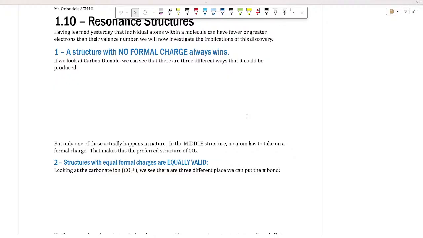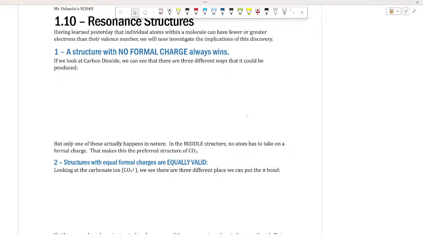So if you somehow magically came up with the one that involves knowing formal charges and how to balance formal charges out, I'll be a little suspicious of your first assignment. I'll be like, isn't it interesting that you knew how to do that when we hadn't learned about that yet, right? If you've already turned it in.